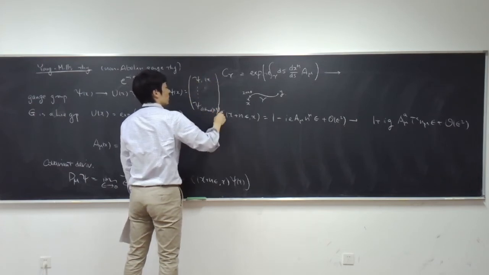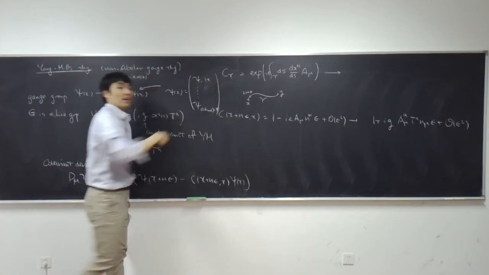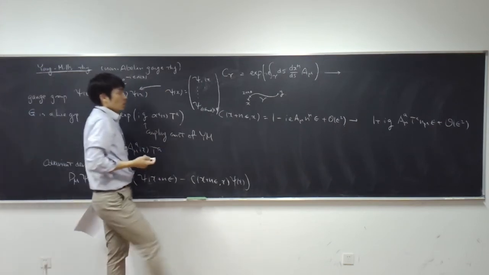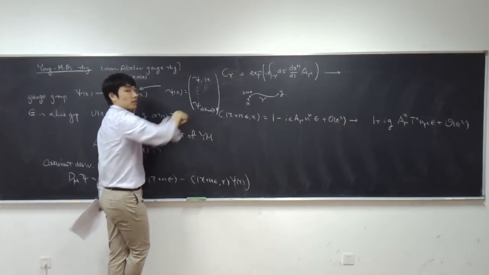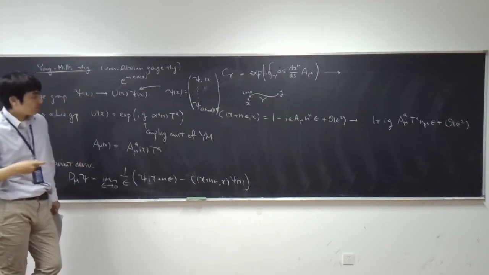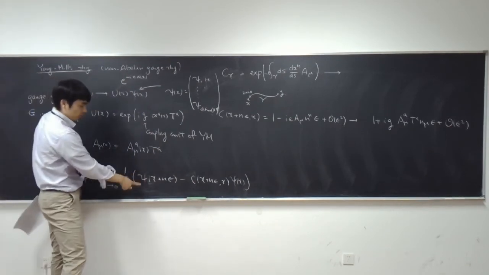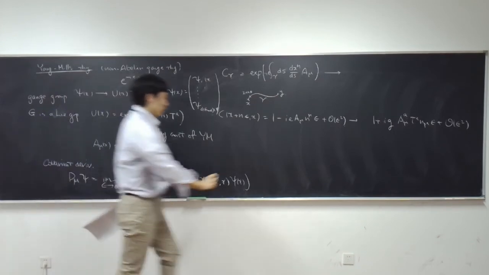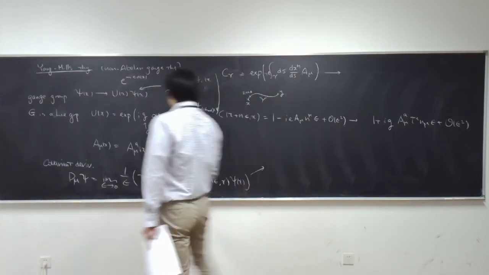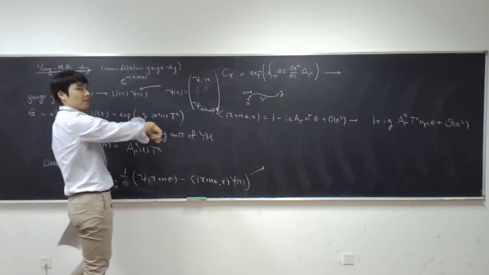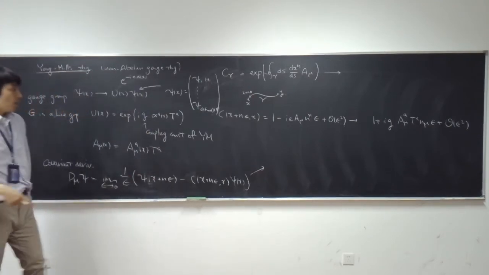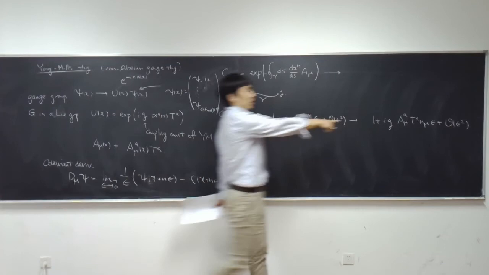So it's now vector valued. It's no longer just an ordinary Dirac field, it's a vector valued Dirac field, and C also takes a matrix value.